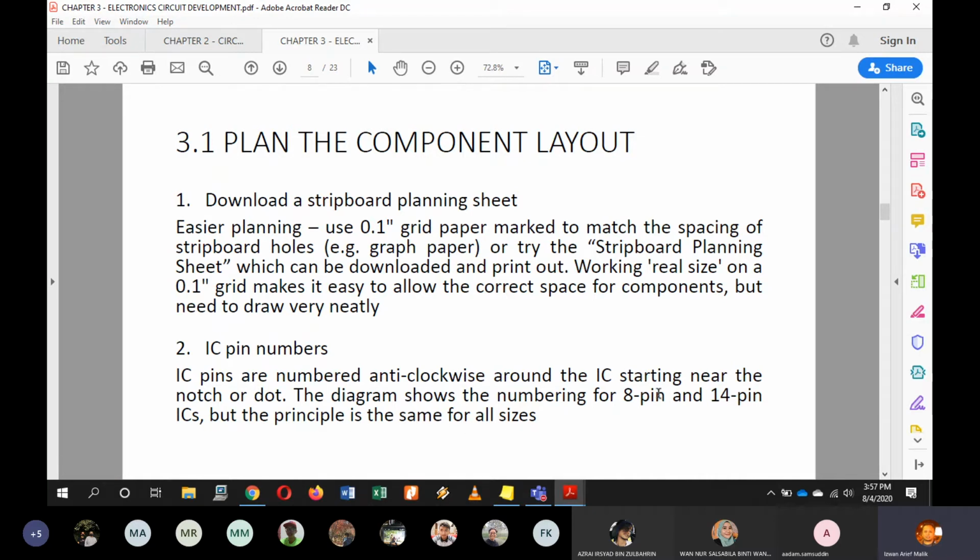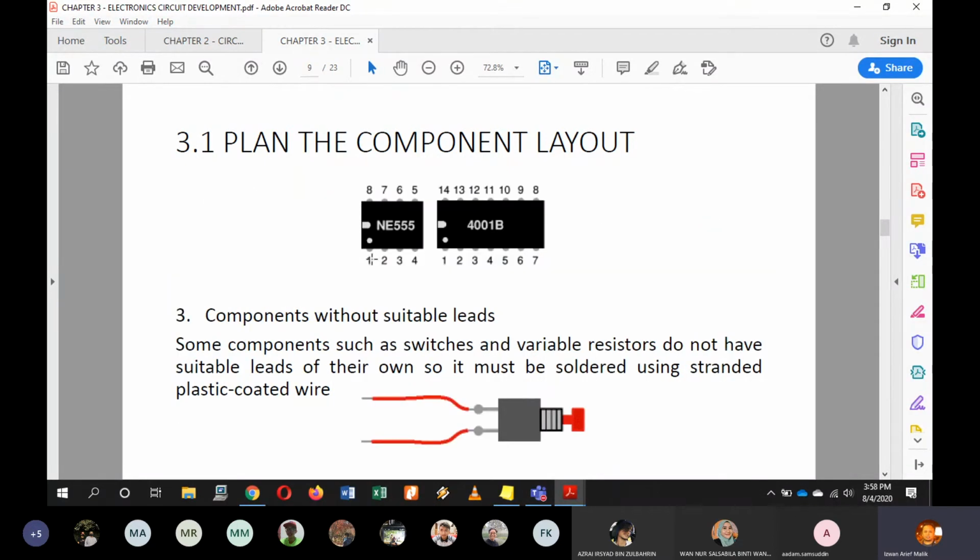Yes, depends on the number of pins. Some are 8 pin, some 14, some 32. Alright, but the concept is the same. Put the notch on the left side, then the bottom left is the first pin. Okay, here pin 1, pin 2, pin 3, pin 4. For the 14 pin it is the same, 1, 2, 3, 4, 5, 6, 7, and then it turns upward anti-clockwise to finish the total number of pins.